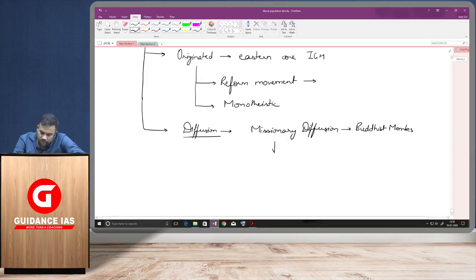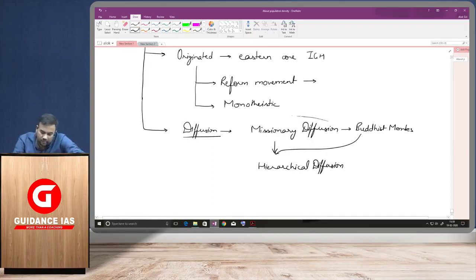A very important mode followed here was that these Buddhist monks tried to convert the leaders of the societies and clans to this faith. And ultimately their main aim was to ensure that hierarchical diffusion also occurred.